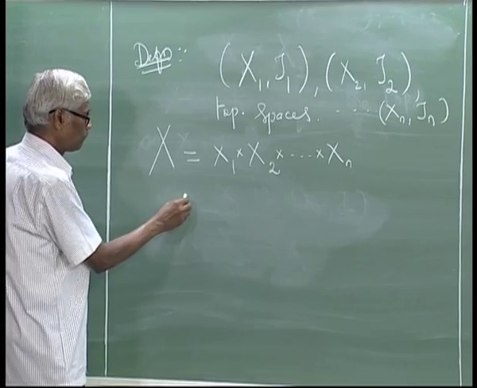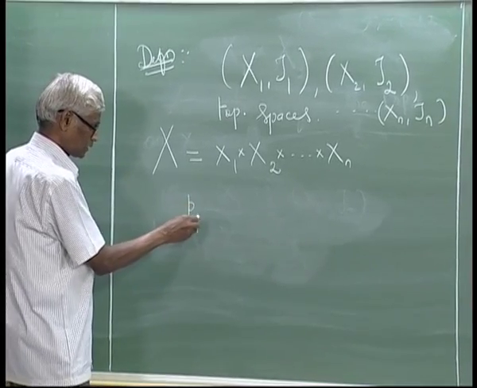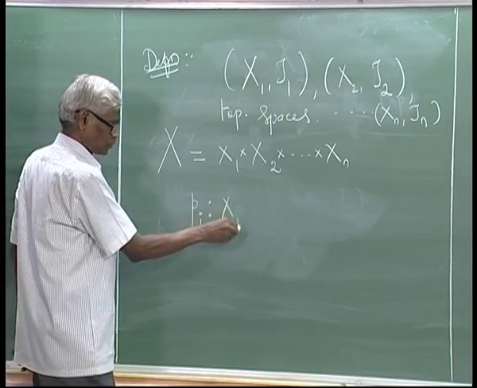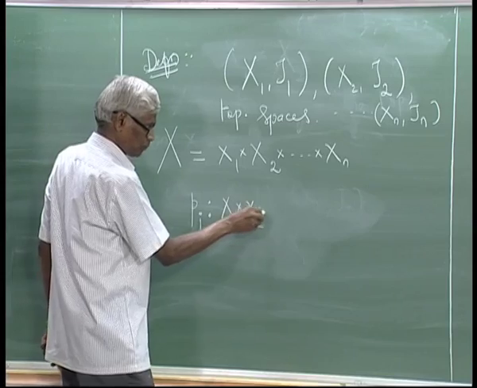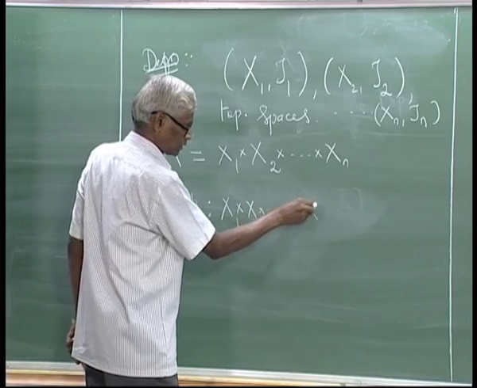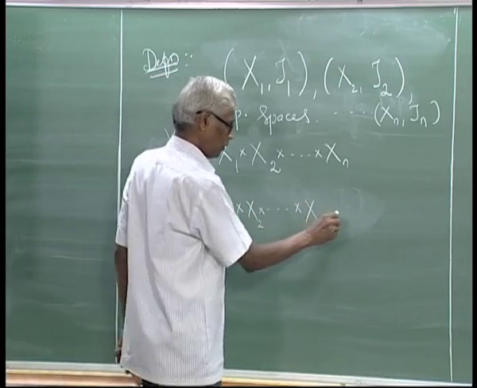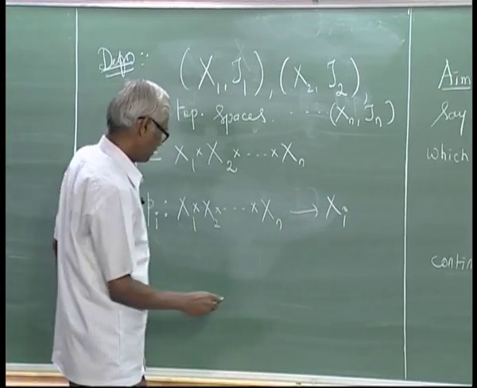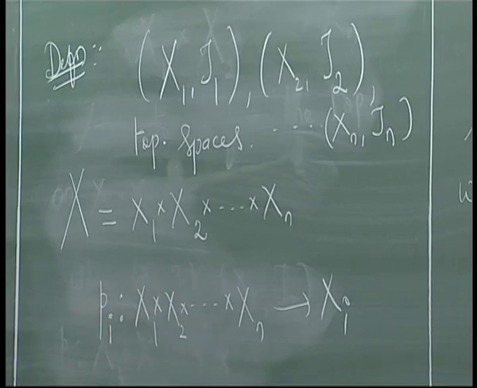What will happen if Pi from X1 cross X2 cross ... cross Xn to Xi should be continuous?